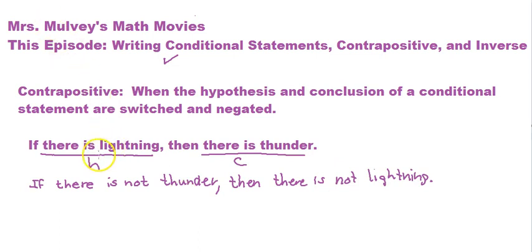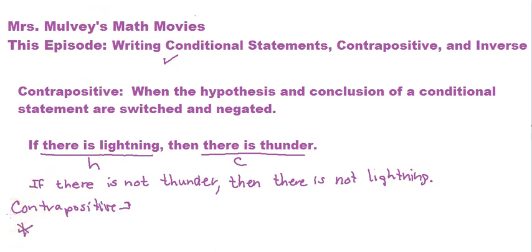So notice, I switch the hypothesis and conclusion, but I also negated each one by giving them the word not. So if my original statement is, if there is lightning, then there is thunder, the contrapositive becomes, if there is not thunder, then there is not lightning. Now the contrapositive is true.